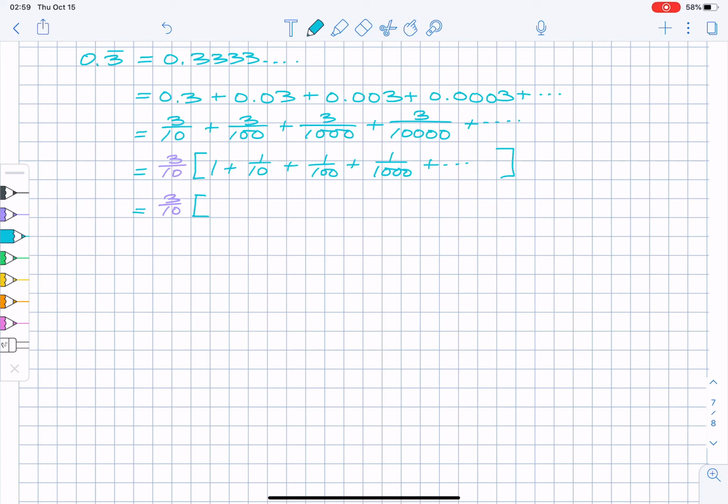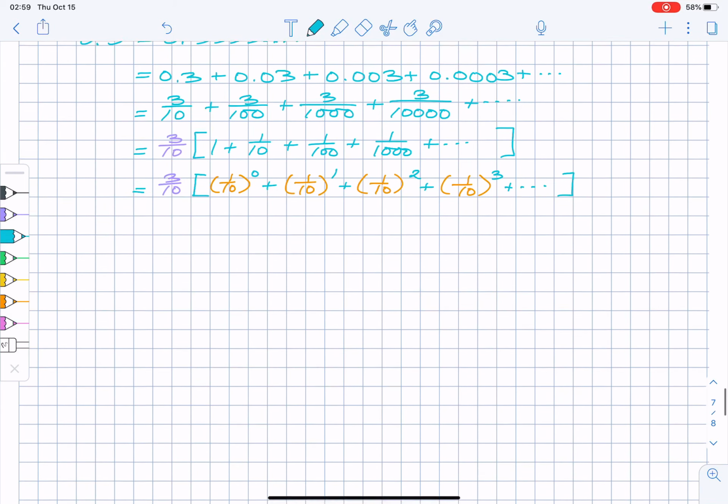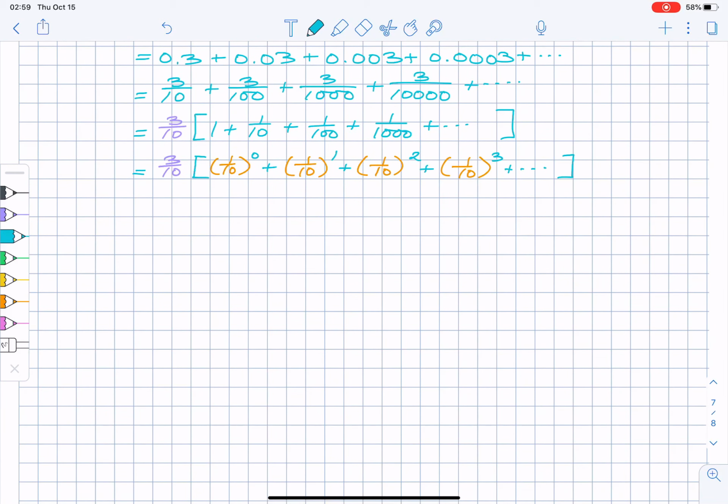Well, I claim that 1 can be written as 1/10 to the 0, and 1/10 is 1/10 to the first, and 1/100th is 1/10 to the second, and 1/1,000th is 1/10 to the third. So notice I started my exponent at 0.